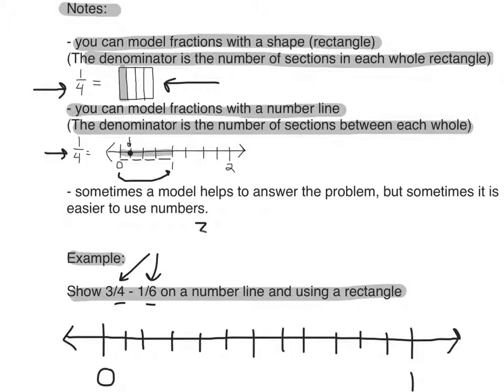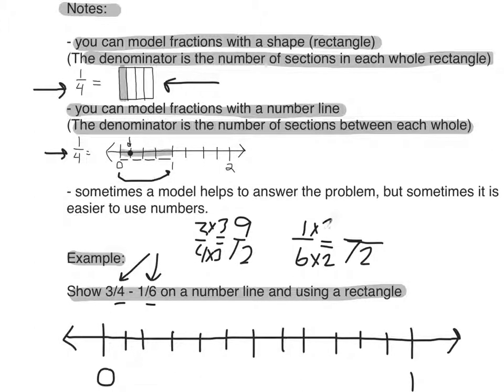So I'm going to change 3/4 into 12ths. That's a hard one for me to say. And 1/6 into 12ths. All right. So 3/4, I'm going to multiply by 3 and by 3, and I'm going to get 9/12. Whew, my penmanship is something else.